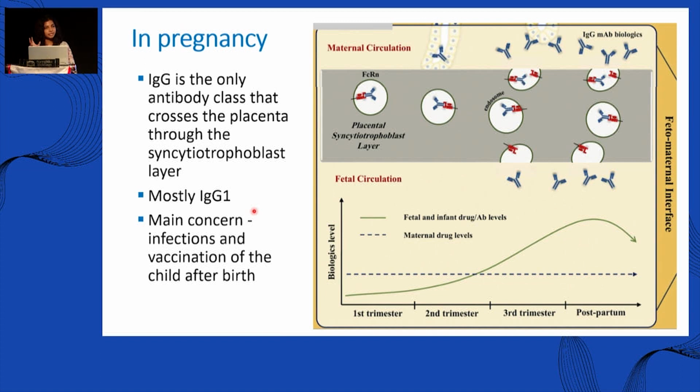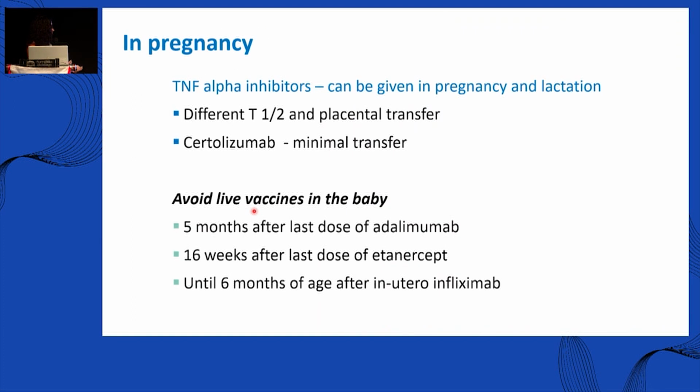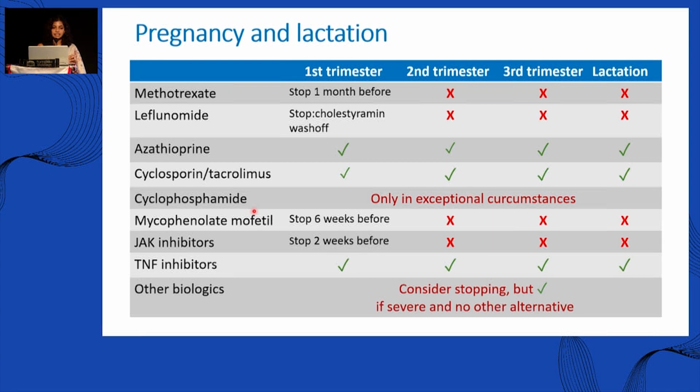And the primary concern is either infections or giving live vaccines to the fetus. Otherwise, there's not a great deal of evidence of teratogenicity. There is some evidence about sort of intrauterine growth retardation, etc. But TNF inhibitors are considered safe in pregnancy. The only thing is we need to watch out for live vaccination afterwards, but it's one of the DMARDs that we can continue in pregnancy.